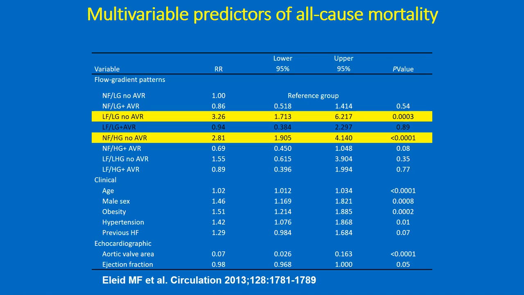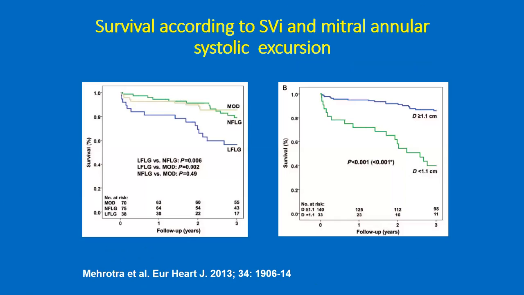And in multivariable predictor of all-cause mortality, the relative risk was 3.2 in low flow, low gradient without AVR, compared with 2.8 in classic aortic stenosis, normal flow, high gradient without AVR, so medically treated. Again, patients with low flow gradient compared with normal flow, low gradient or moderate aortic stenosis have a poorer prognosis.